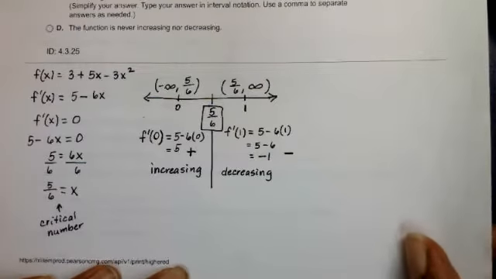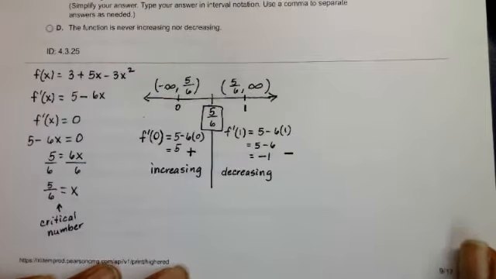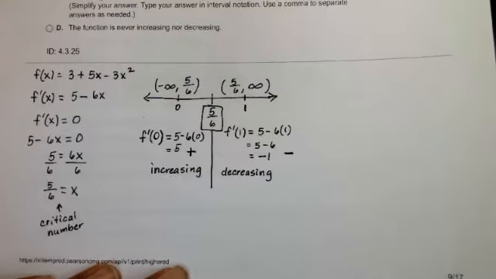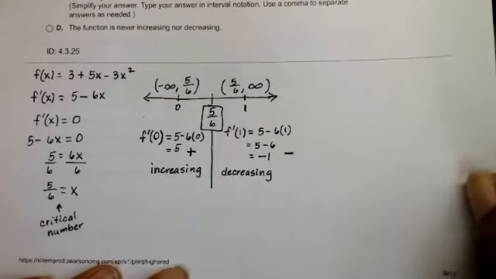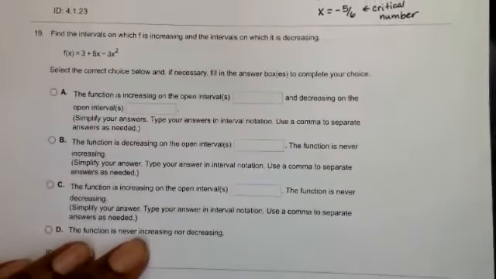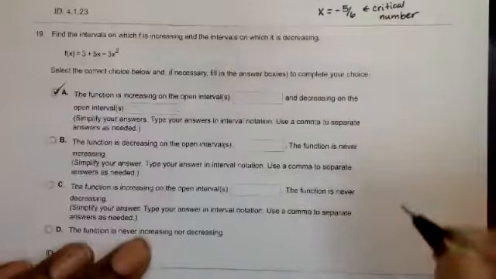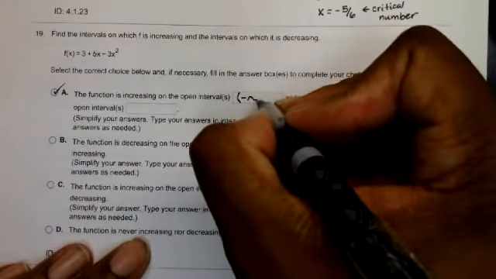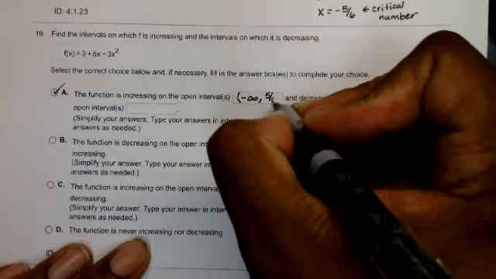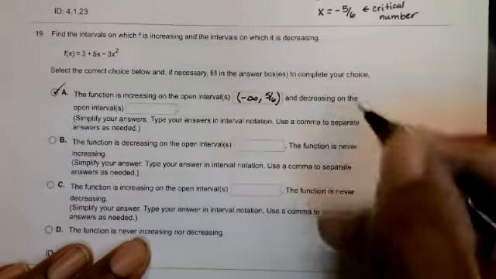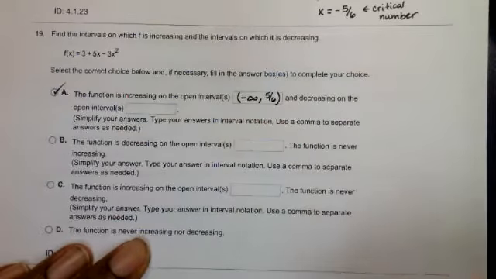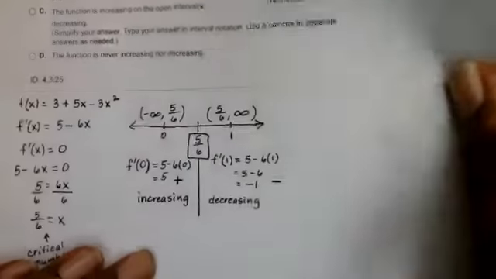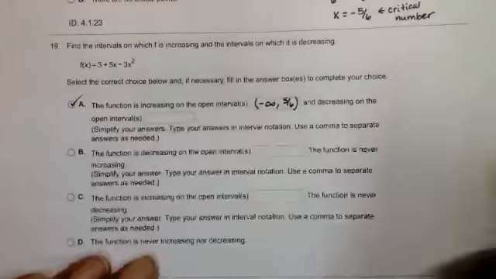So this will tell me the intervals where this function will be increasing and decreasing. Here is increasing from negative infinity to 5, 6. So we're going to choose this choice, negative infinity to 5, 6, and decreasing on the open interval from 5, 6 to infinity.